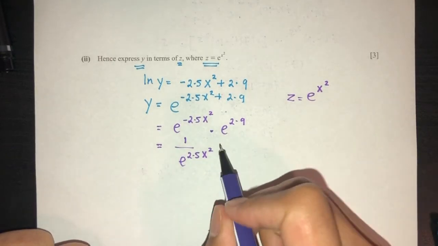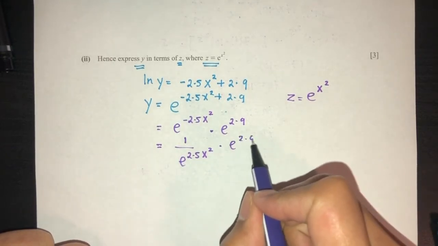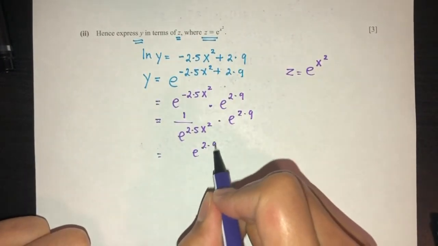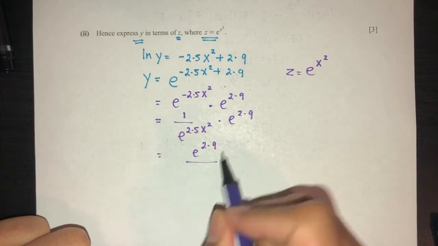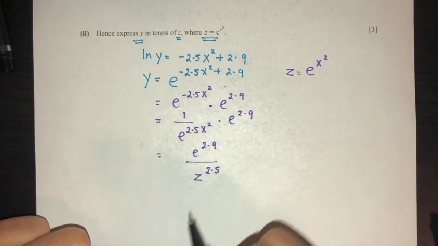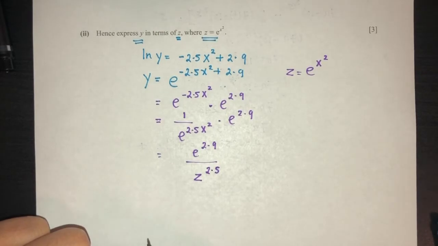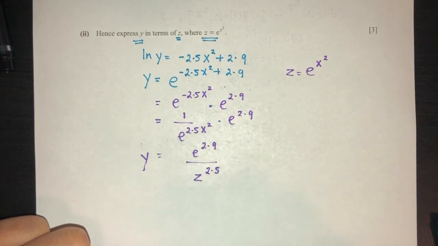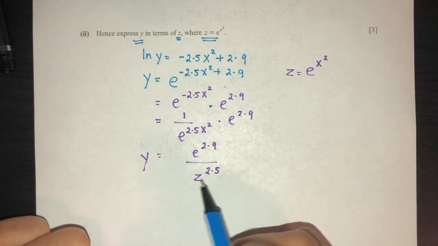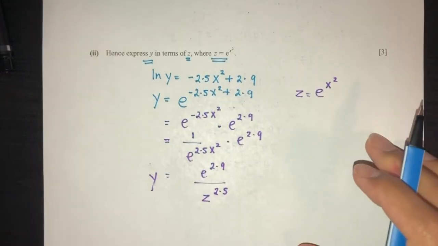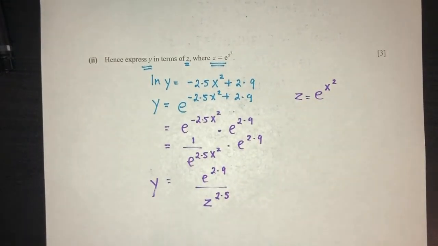Okay, now multiply e power 2.9, so that will be e power 2.9 times z power 2.5. That will be your answer for this question, y in terms of z. So z will be the base with power 2.5, and e power 2.9 is on top. That will be part 2 of question number 6.